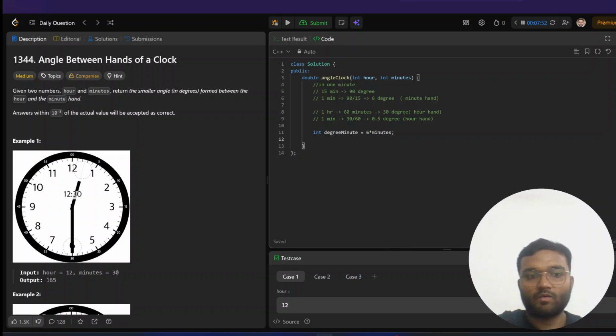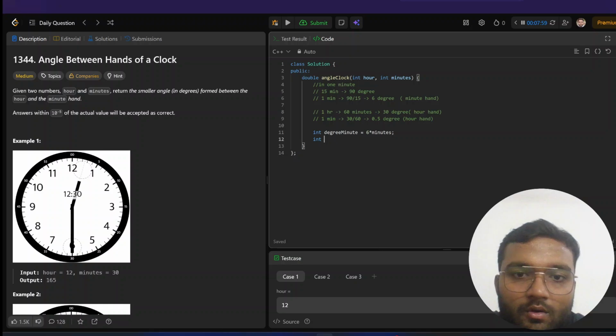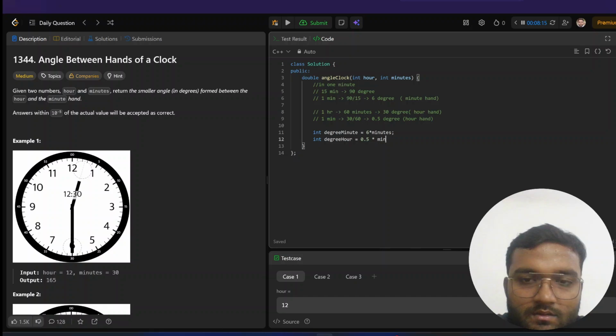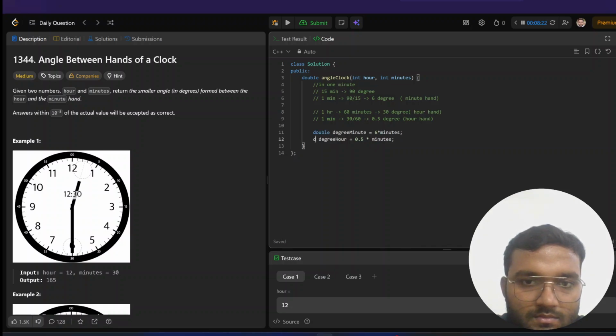For the degree of the hour hand, as it moves only 0.5 degrees per minute, I can multiply 0.5 into the given minutes. I think I should do all the calculation in double, maybe there will be some decimals.